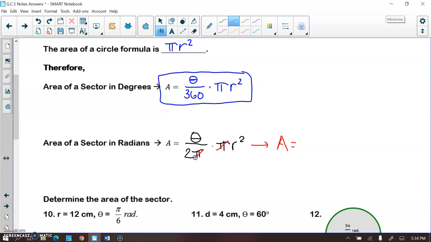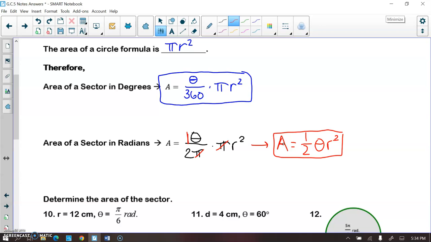My pi's cancel out, and I'm going to write this as 1/2 times your radians times your radius squared. So this would be the area formula if we were given our angle in radians.